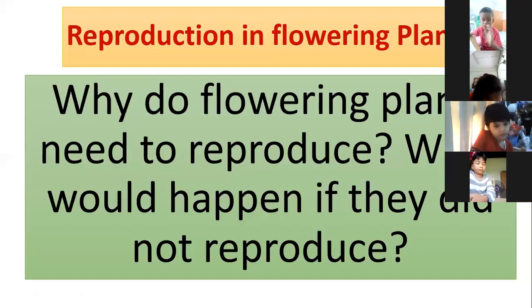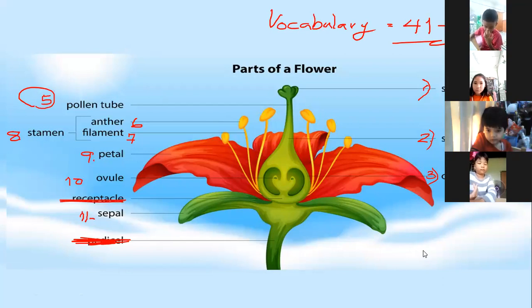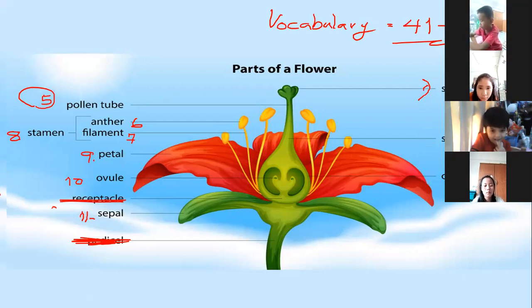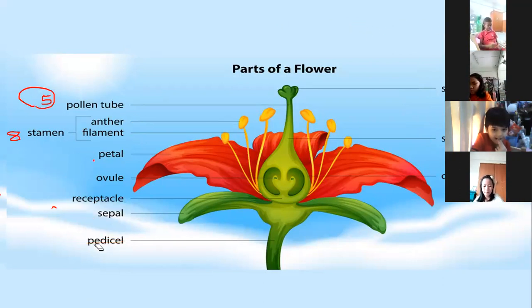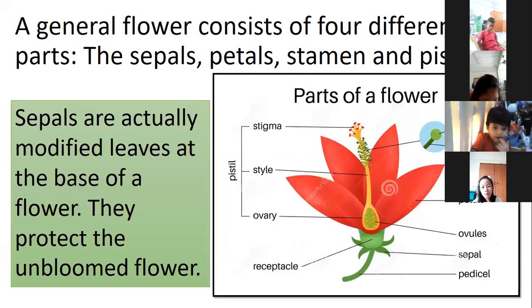Now, so today we will go back here first. This one here, this is the parts of the flower. As I have said last week, in one flower, it could have what? Female and male reproductive system. What is reproduction?